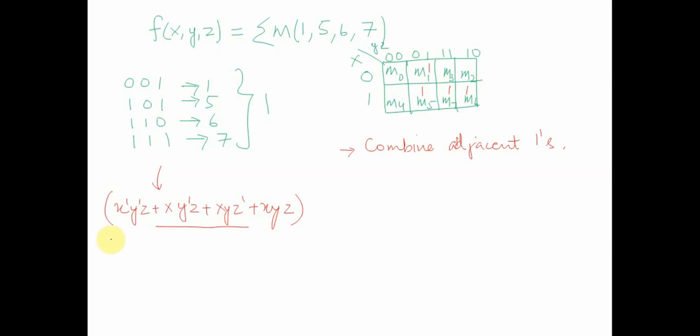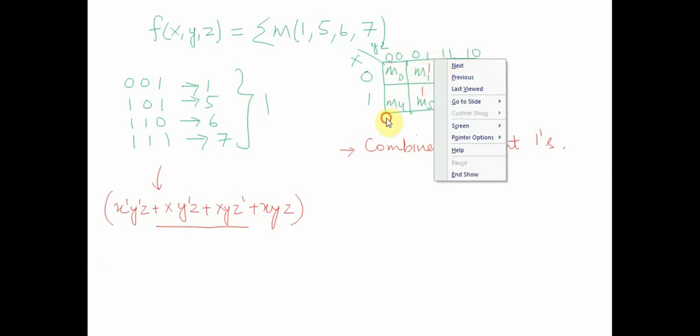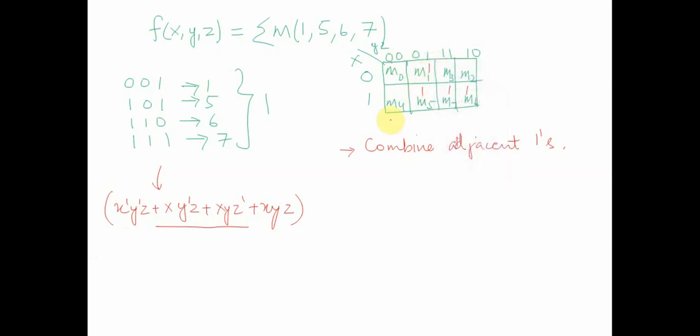This is how we will end up writing this function in a normal form, right? Now, if you see, when we go from m0 to m1, my y remains 0, only z changes. K-maps rely on the fact that we can group together adjacent ones and form squares and rectangles. But whatever we group has to be a multiple of 2 raised to power n, where n could be 0, 1, 2 and so on.